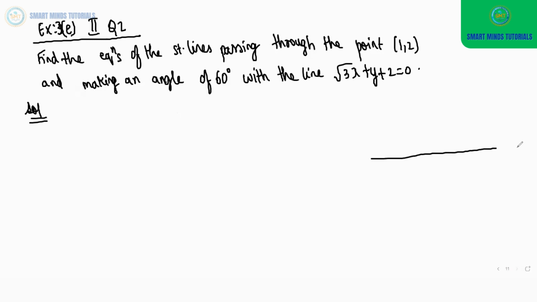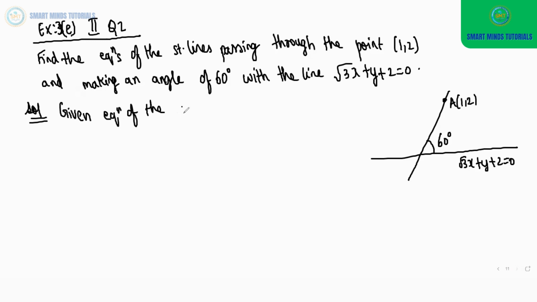So first you draw this figure. This makes 60 degrees and this point is A 1, 2 and this line is root 3x plus y plus 2 is equal to 0. Now first write the given equation of the straight line, that is root 3x plus y plus 2 is equal to 0, equation number 1.